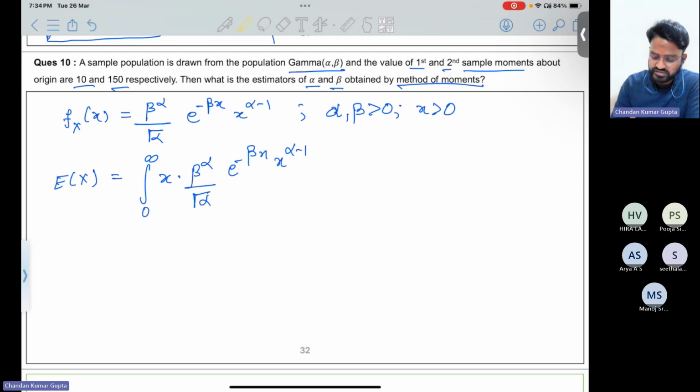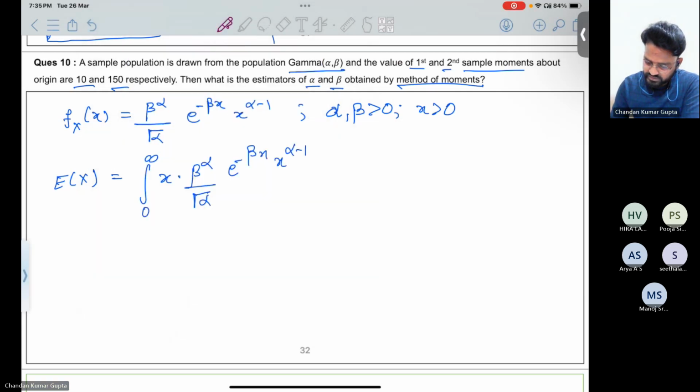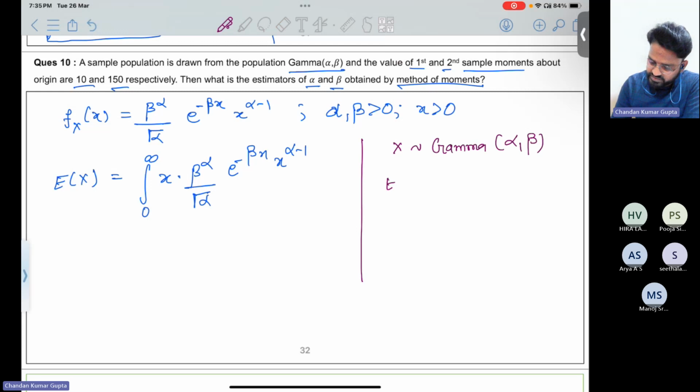Although we know that if x follows gamma alpha beta, then expectation of x is alpha upon beta, and variance of x is alpha upon beta square.